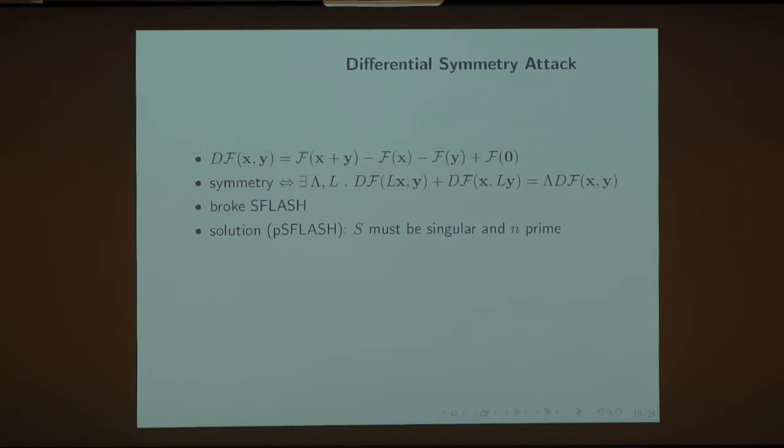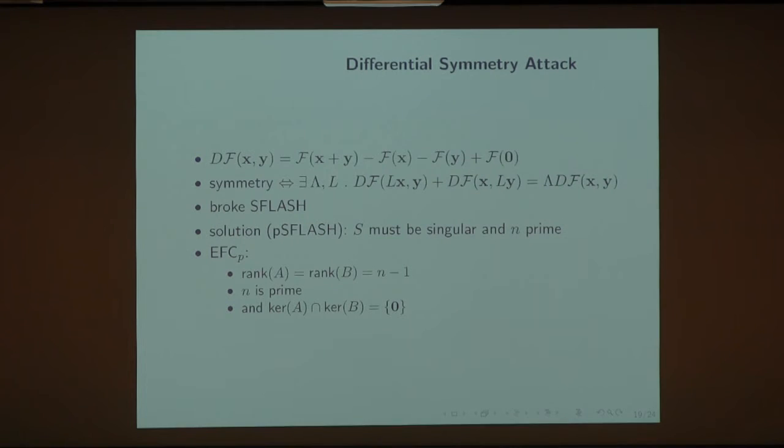So then there's the differential symmetry attack, and it probably does not apply to our system. Nevertheless, it makes sense to inoculate our system against this attack because inoculation is free anyway. What PS does is to choose S to be singular and N to be prime. This way, it ensures that there cannot be a subfield.